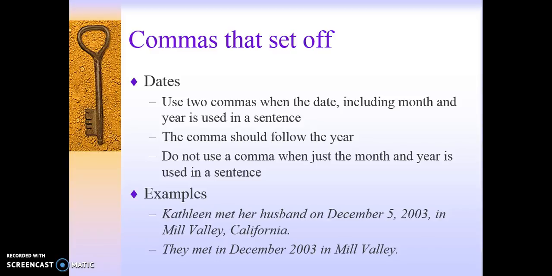But notice in the next sentence, we do not have commas at all because we say in this sentence that they met in December 2003 in Mill Valley. 2003 does not have a date, so therefore you don't need a comma. You don't need a comma between December nor a comma after 2003.